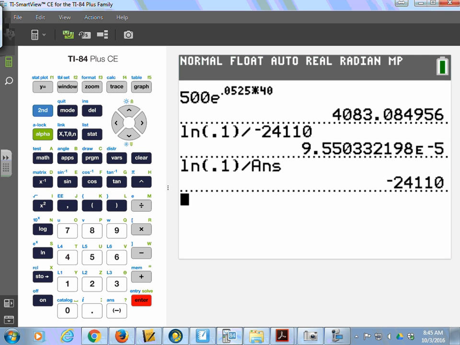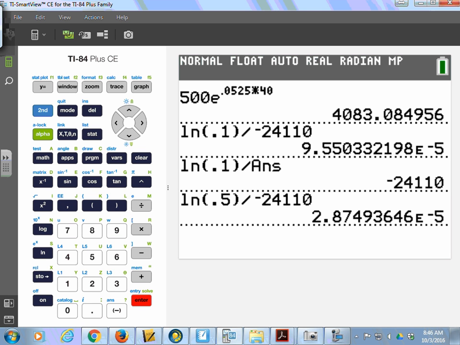So natural log of 0.5 divided by negative 24,110. Oops, and it should be negative. All right.